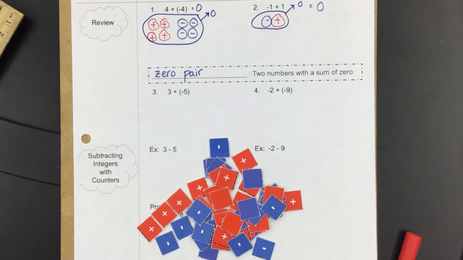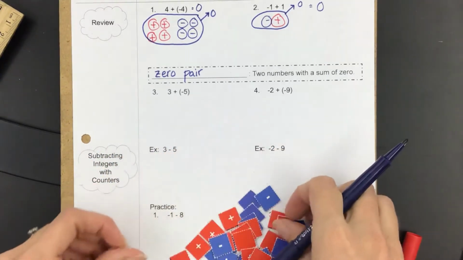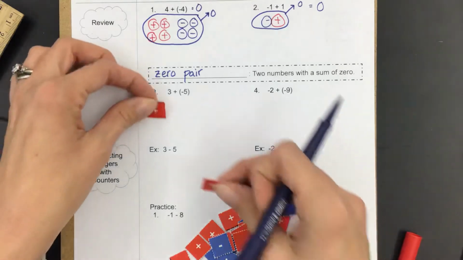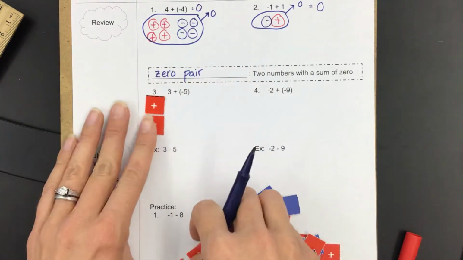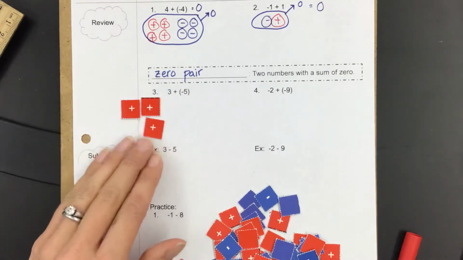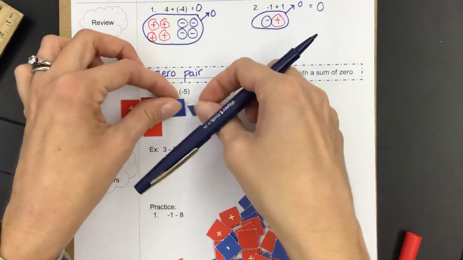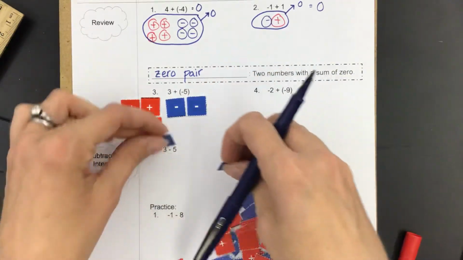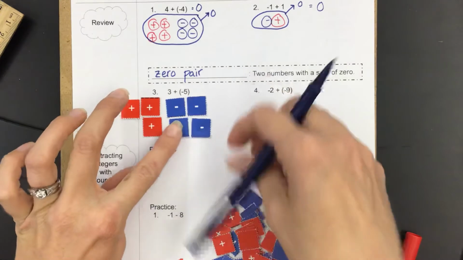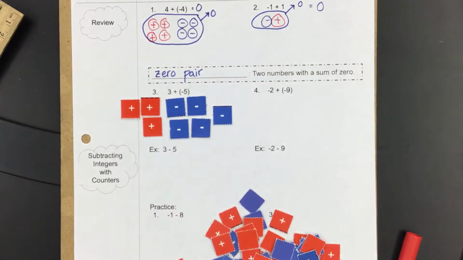Okay, and again, we're going to do 2 more review problems just so that we can see what happens when it's not a complete 0 pair. So we're going to start with the number 3, that first one. So we have 1, 2, 3 positives, and 1, 2, 3, 4, 5 negatives.